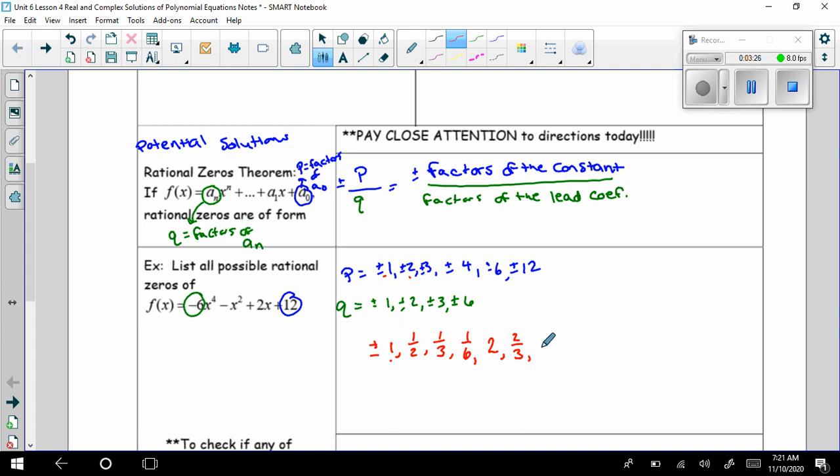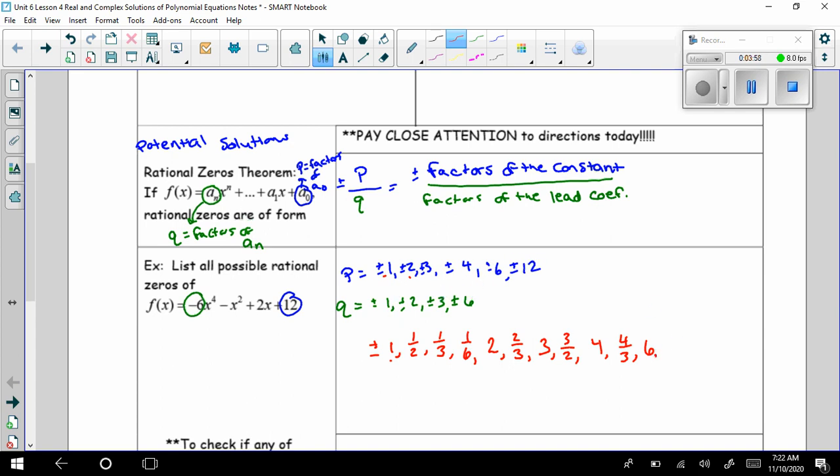So then we can go to the 3. 3 over 2. 3 over 3 and 3 over 6 are already listed. And so you just keep going through your list until you have all of them. 4 over 2 is listed, 4 over 3. 4 over 6 reduces to 2 over 3. 6, that's 3, that's 2, that's 1.